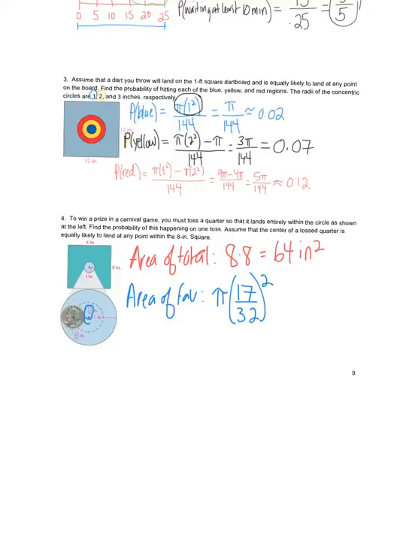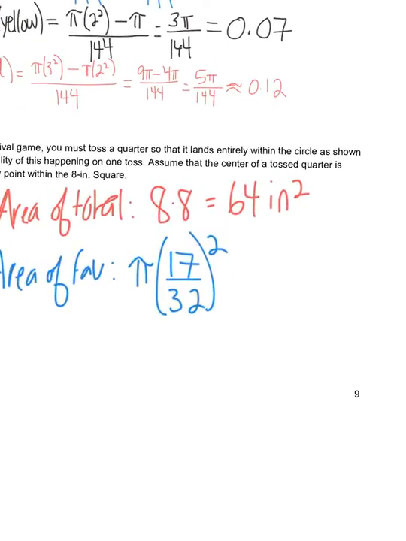So I need my calculator to do some simplification here. I'm going to use 3.14 for pi. So this is going to be 3.14 times, if I do 17 divided by 32, I get about 0.531, and then if I square that number, I get about 0.28.